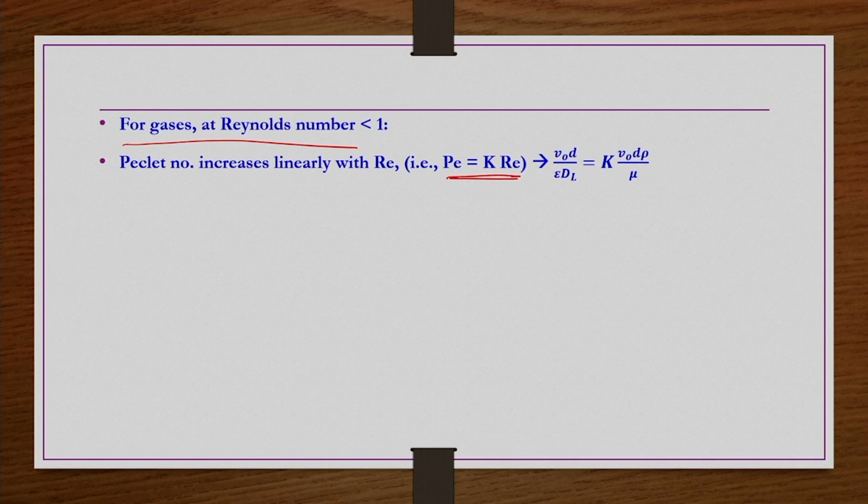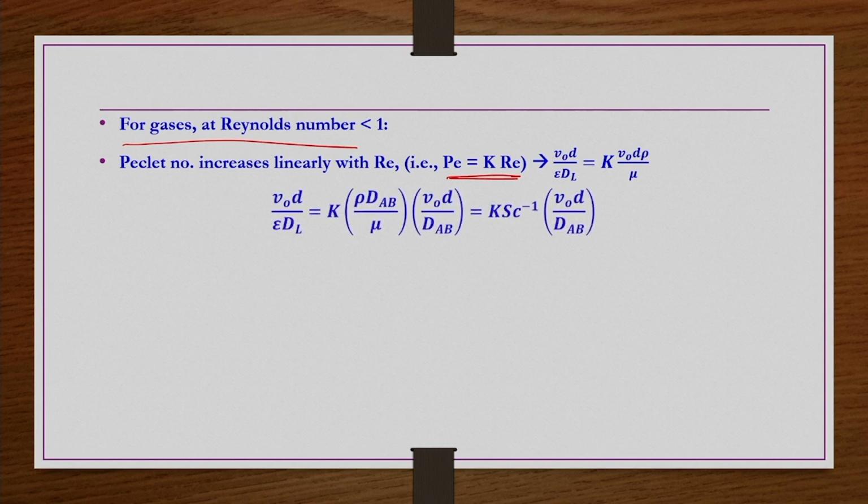Now, on the right side you divide by dAb and multiply by dAb and then rearrange, so that you have two terms: rho dAb by mu and V naught d by dAb. This mu by rho dAb is nothing but the Schmidt number, so rho dAb by mu we can write as the Schmidt number inverse.